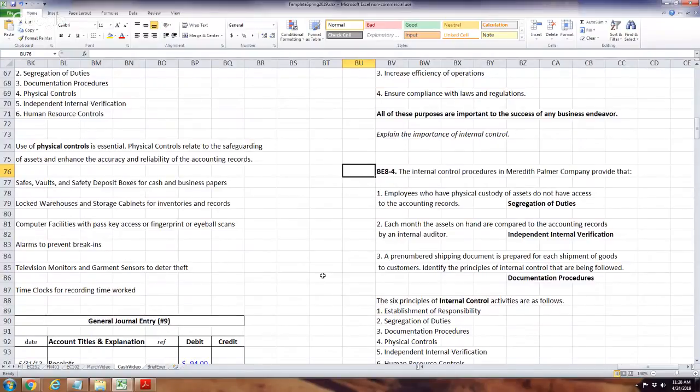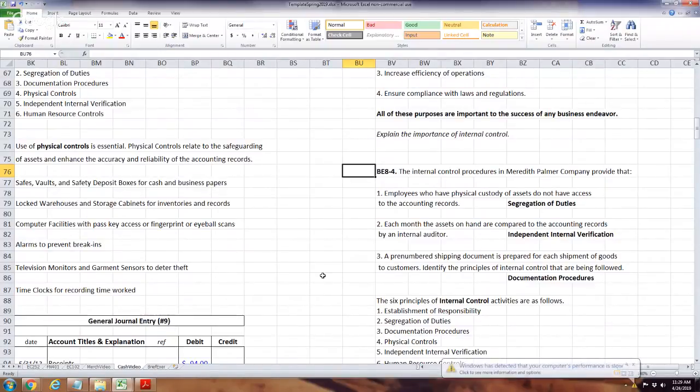Physical custody of assets, don't access. Yeah, so again, you can't have somebody who has access to the records and the physical assets. There's going to be different people. Having an independent internal verification of anything, making sure that no one's skimming, which is the street word for it, with nobody getting wise, right? That's the street way to say it, right?